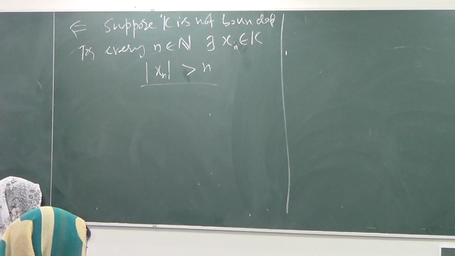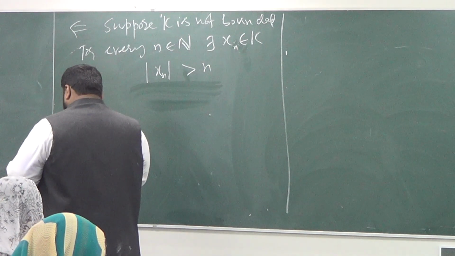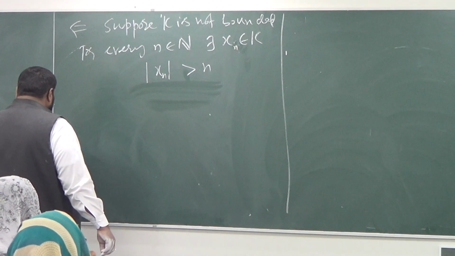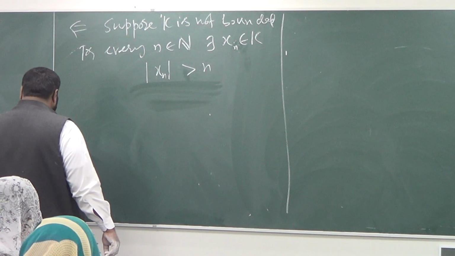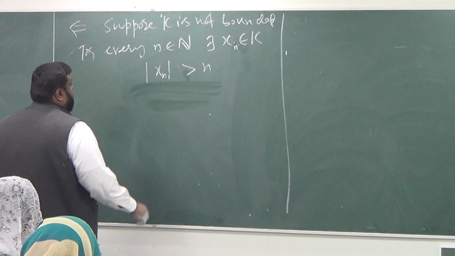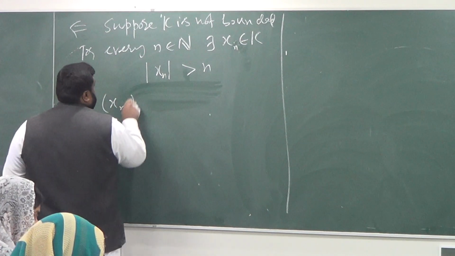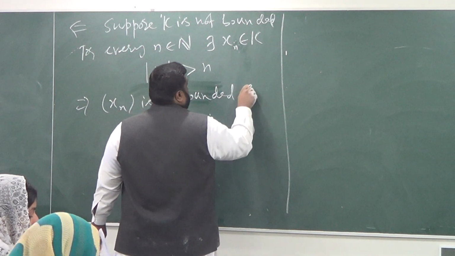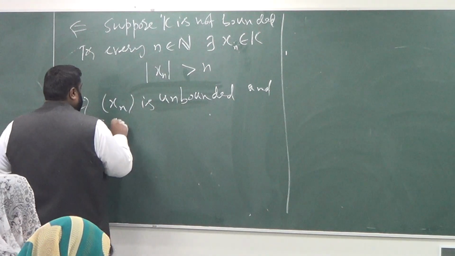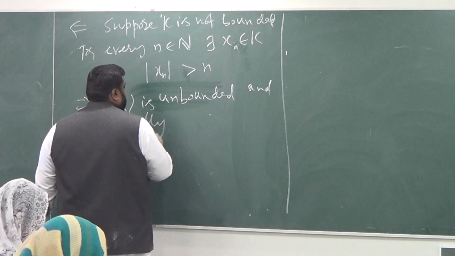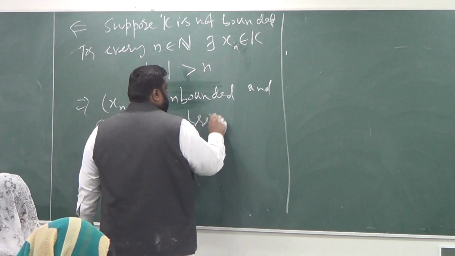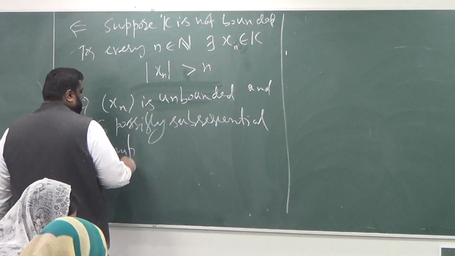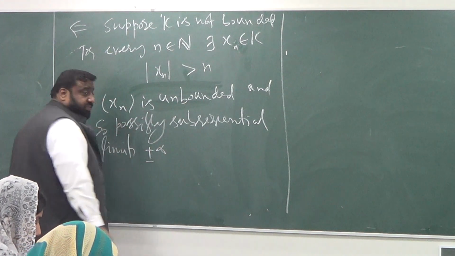The sequence xn is unbounded, and so possible subsequential limits are going to be plus minus infinity.